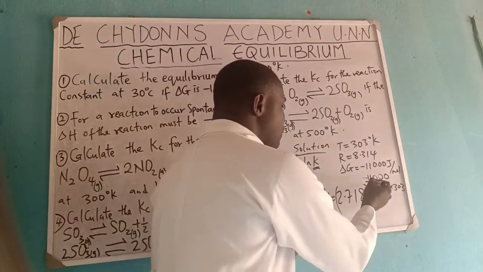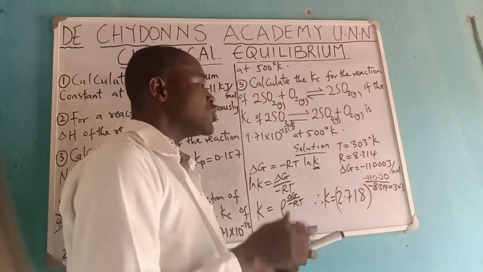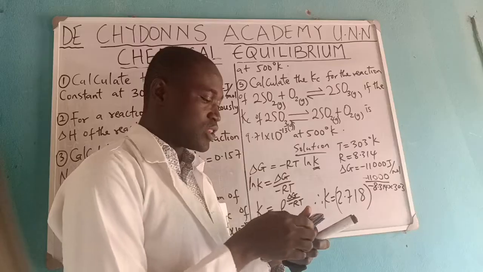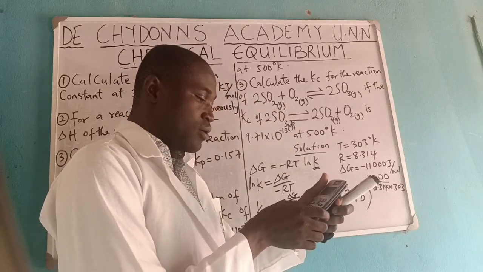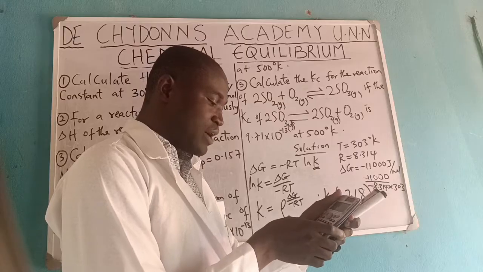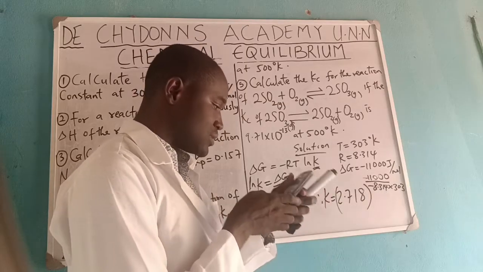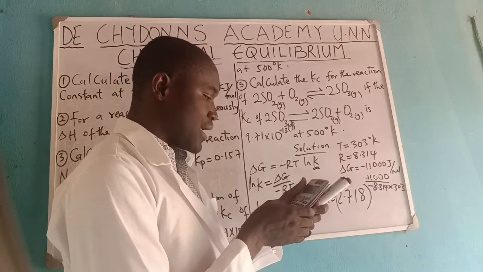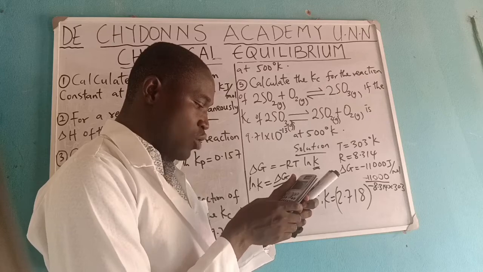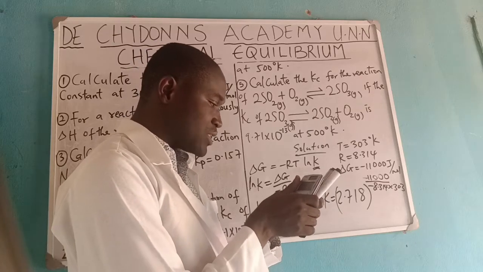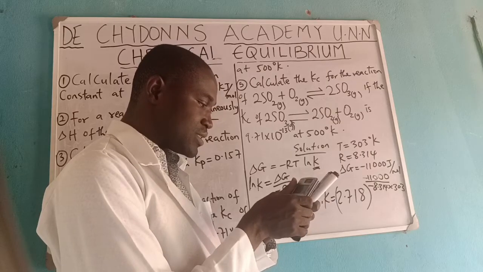So we have to simplify this. It's better you use your functional calculator to sort it out. This is my own. Open bracket 2.718 raised to power of bracket minus 11,000. I will close the first bracket.